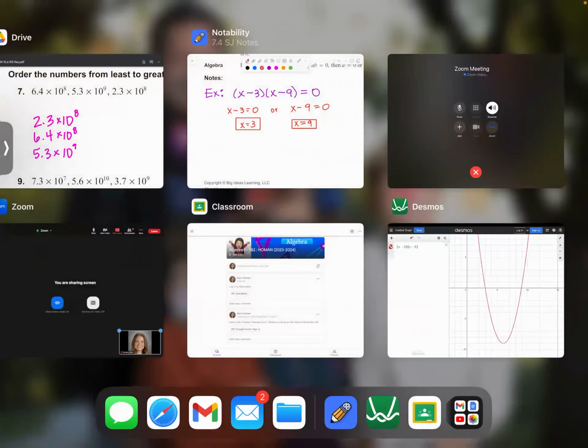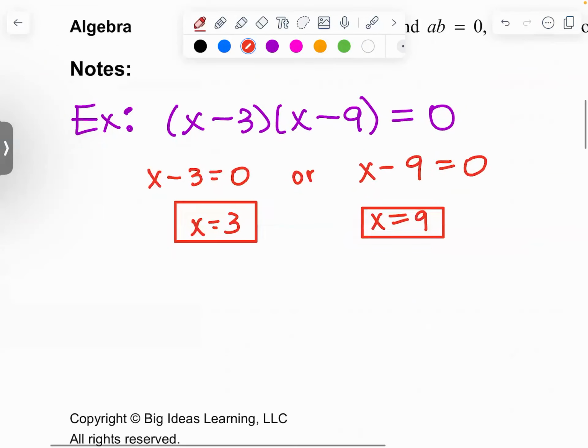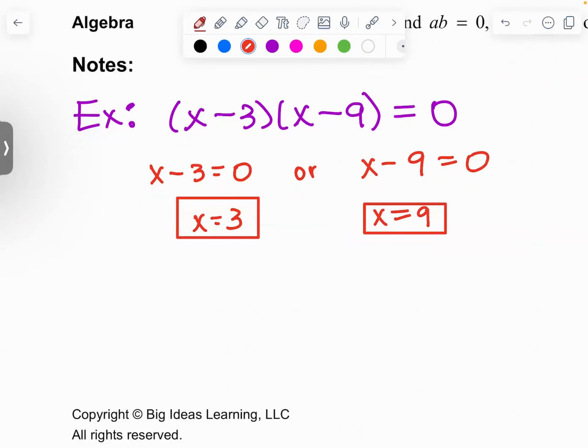So you're saying when I solved this, it gave me where we cross the x-axis. Yeah. Why is it not -3? Because you have to add the number. Because we are solving x minus 3 equals 0.